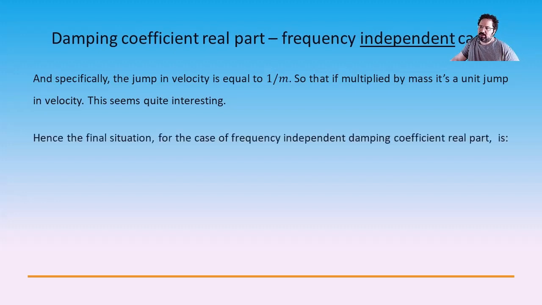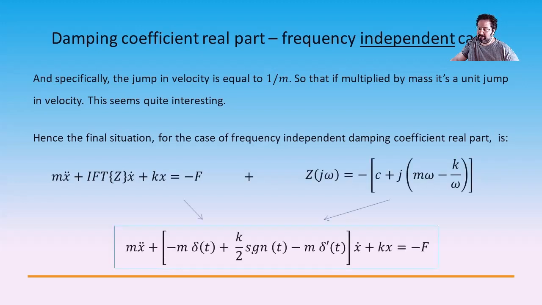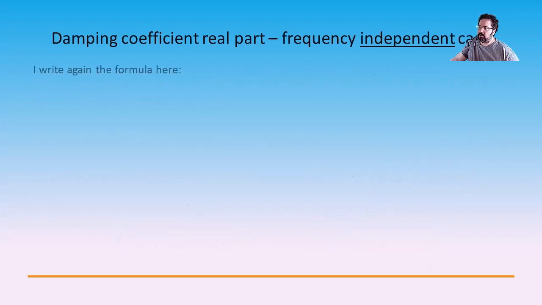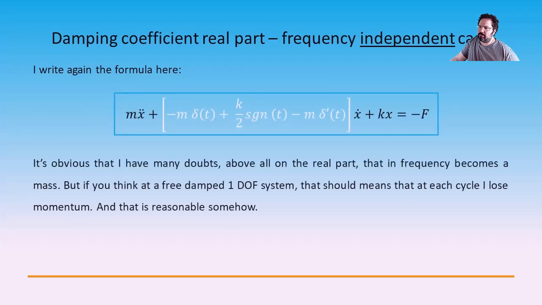Hence, the final situation for the case of frequency-independent damping coefficient real part is this one. We put together the two pieces and we obtain this equation. I write again the formula here. It's obvious that I have many doubts, above all on the real part that in frequency becomes a mass.